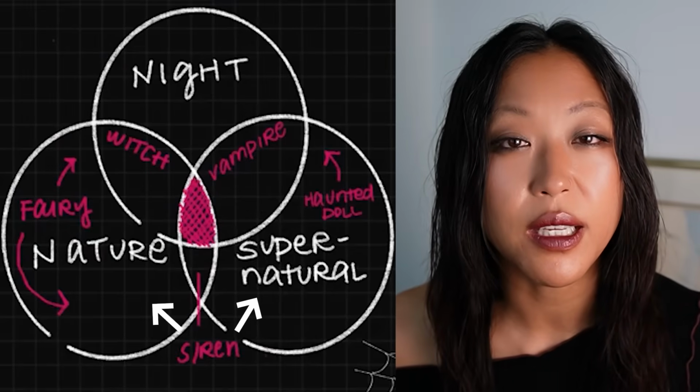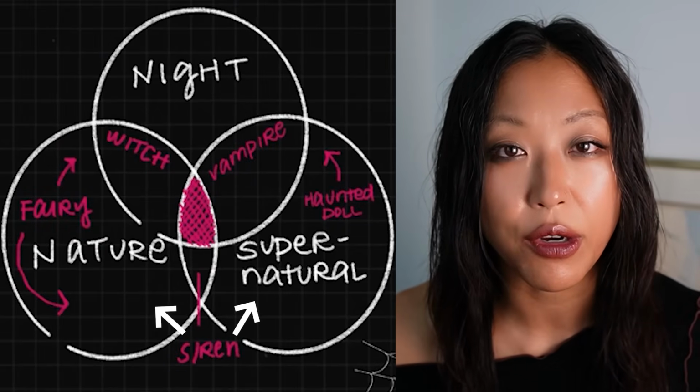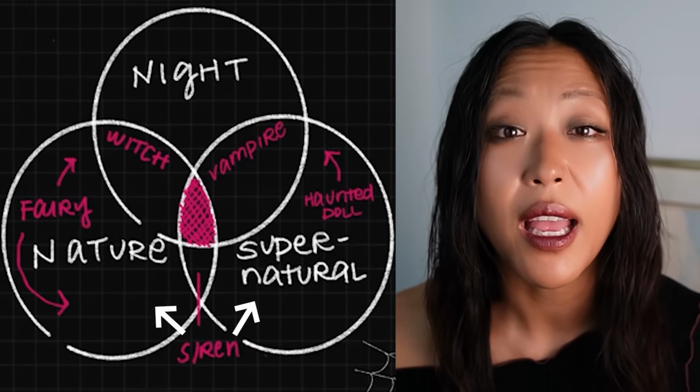The third muse is the siren, which is a crossover between supernatural and nature. And just to clarify, in this specific context, we're talking about the siren as a mythical sea creature, not a bird. So sirens are these seductive creatures of the sea.